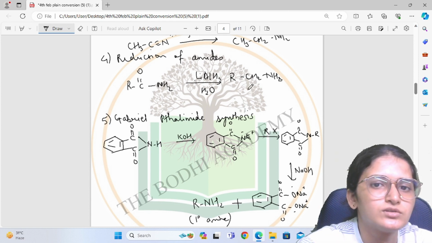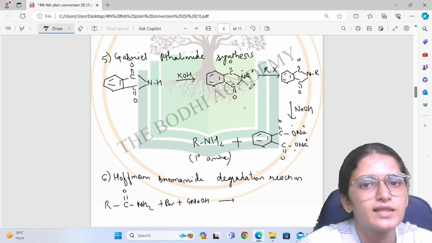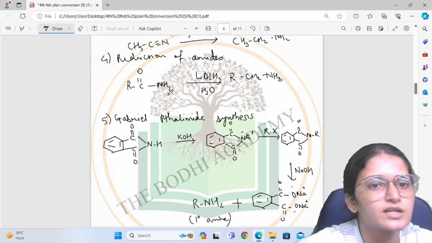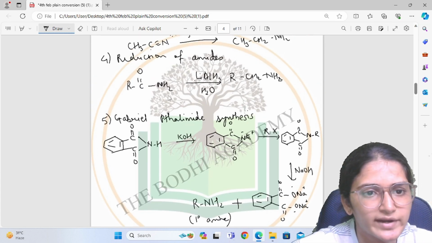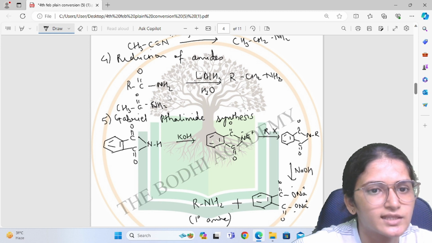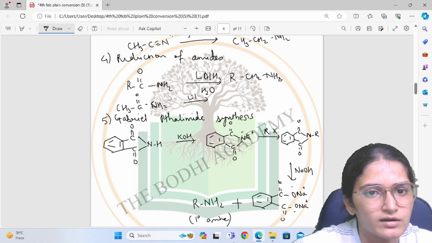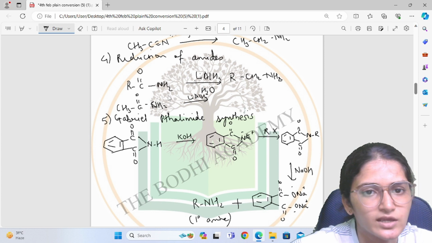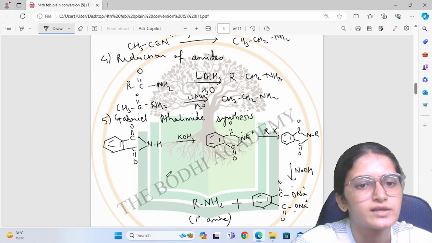So this is the reaction. Let us take one example in this reduction of amides. We can take CH3C double bond O NH2, that is ethanamide, and add to it the reducing agent along with water, and we get CH3CH2NH2. So this is the example.